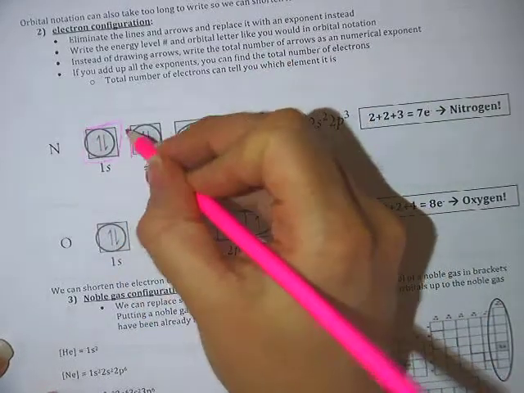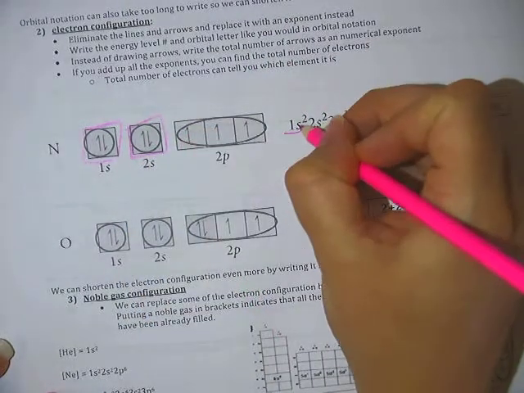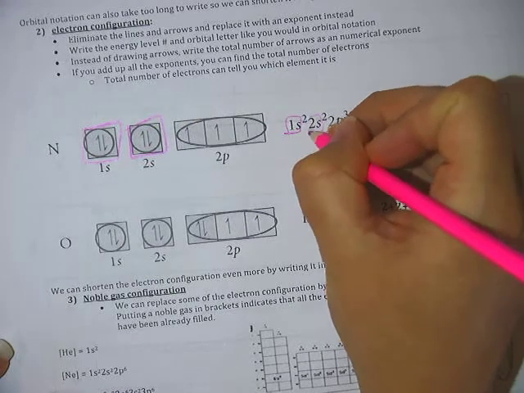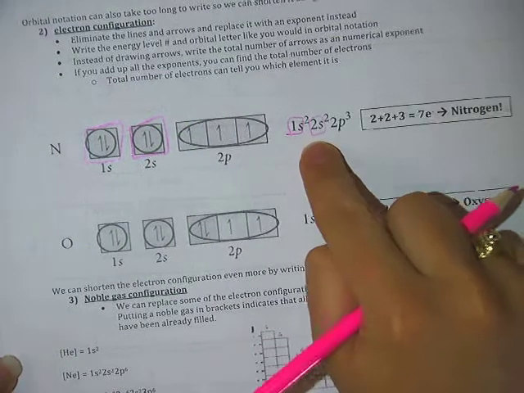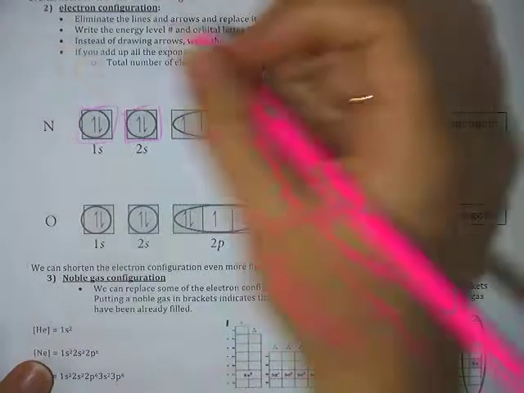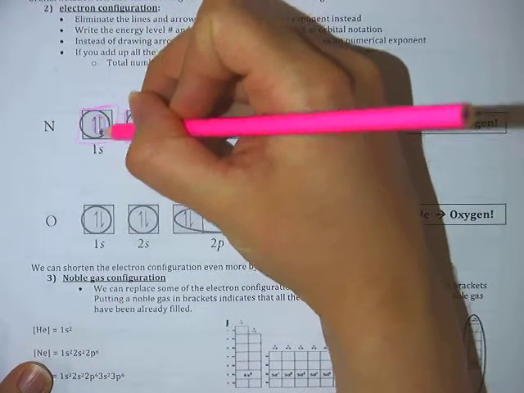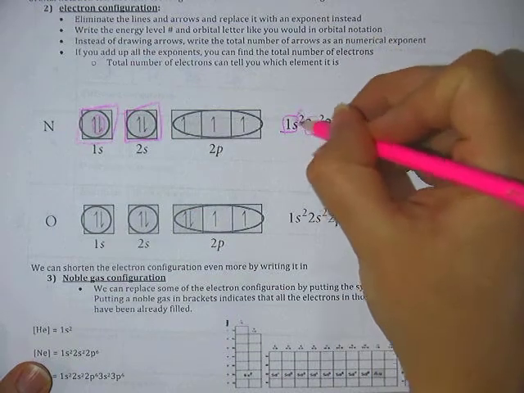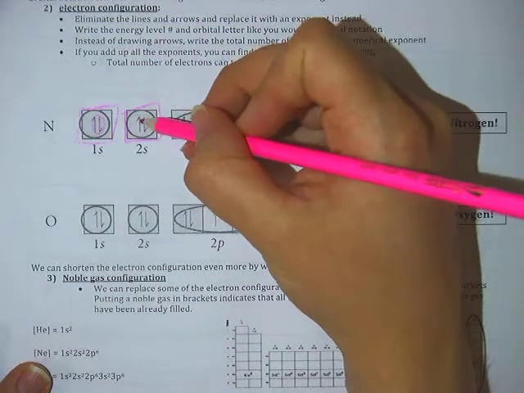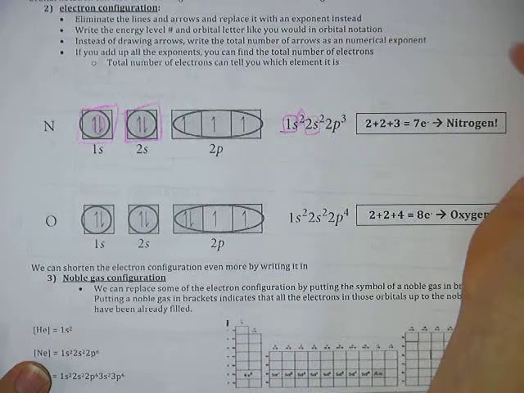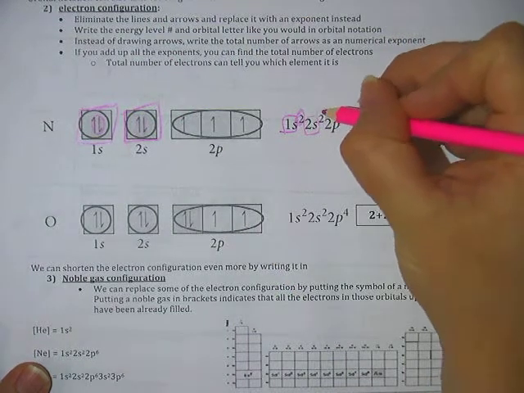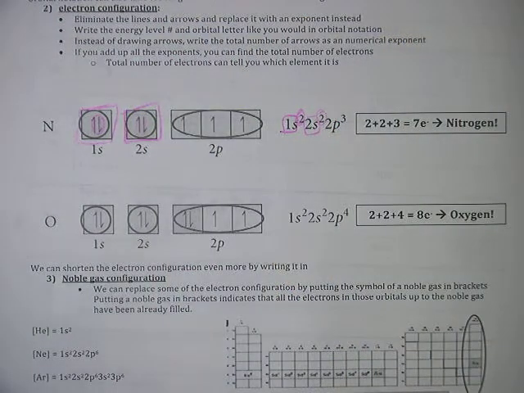there's a 1s and a 2s, so we have 1s and 2s written down. The 1s has 2 electrons in it, an up arrow and a down arrow, so we wrote a 2 as an exponent. The 2s has 2 electrons in it, an up arrow and a down arrow, so we wrote a 2 as an exponent.